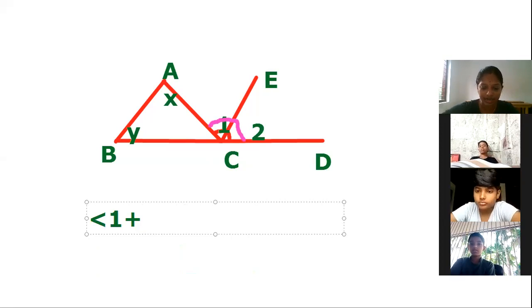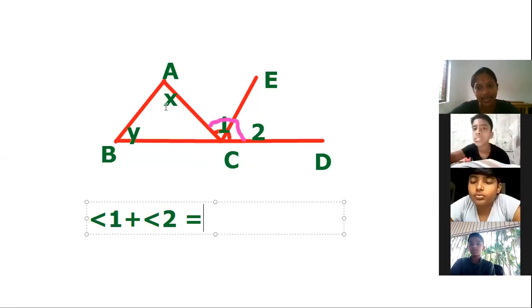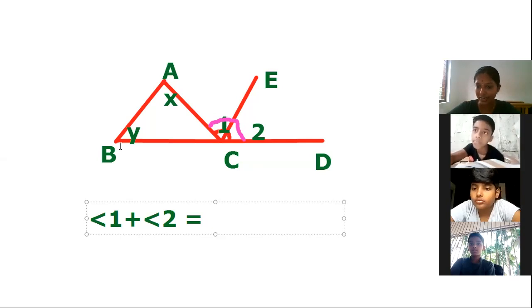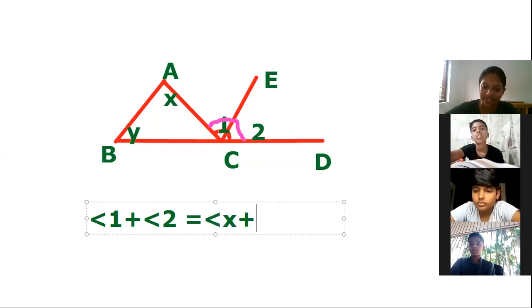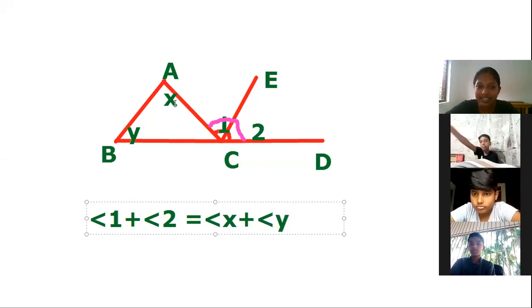Sorry, what should be the sum? We know that angle 1 is equal to angle X and angle 2 is equal to angle Y. So we can write angle X plus angle Y, and both angles X and Y are the interior angles.